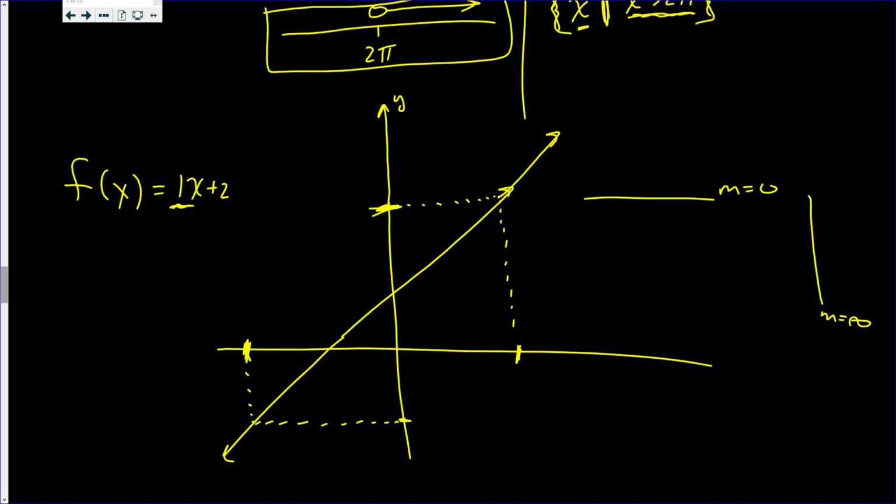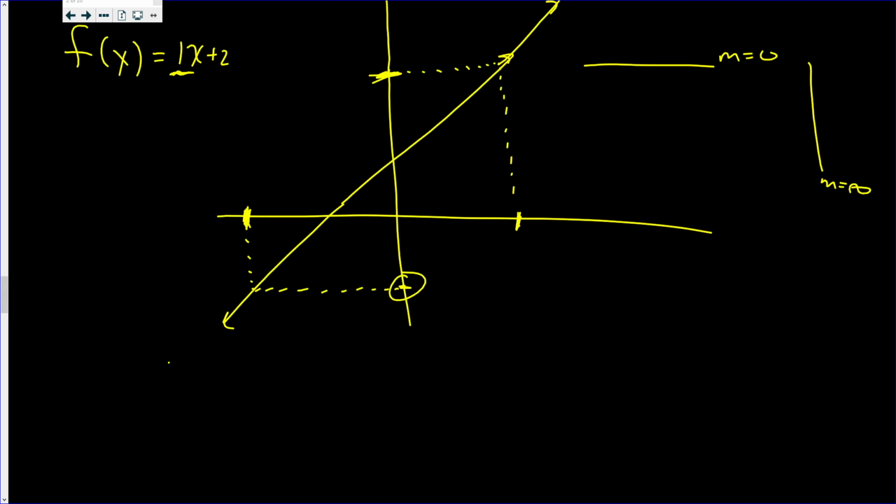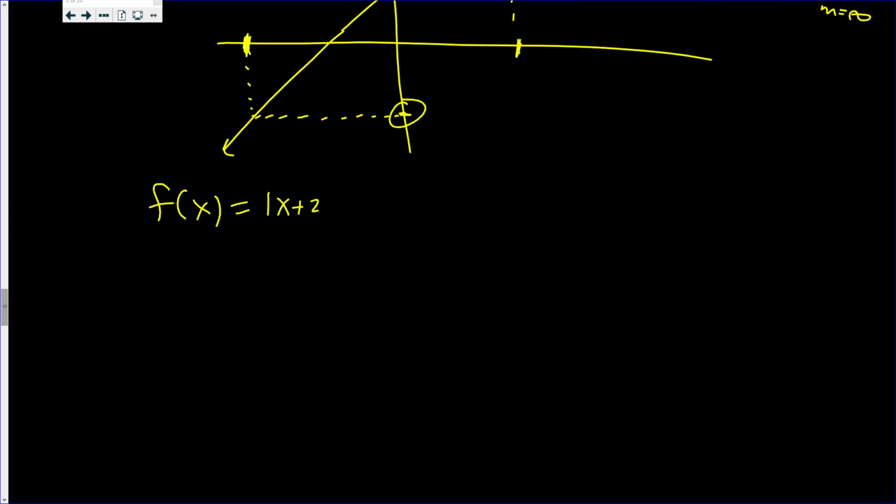If you take f of this number, you will get that y value. This line, I claim, can equal every value there is. Now, to prove this, let k be any number.